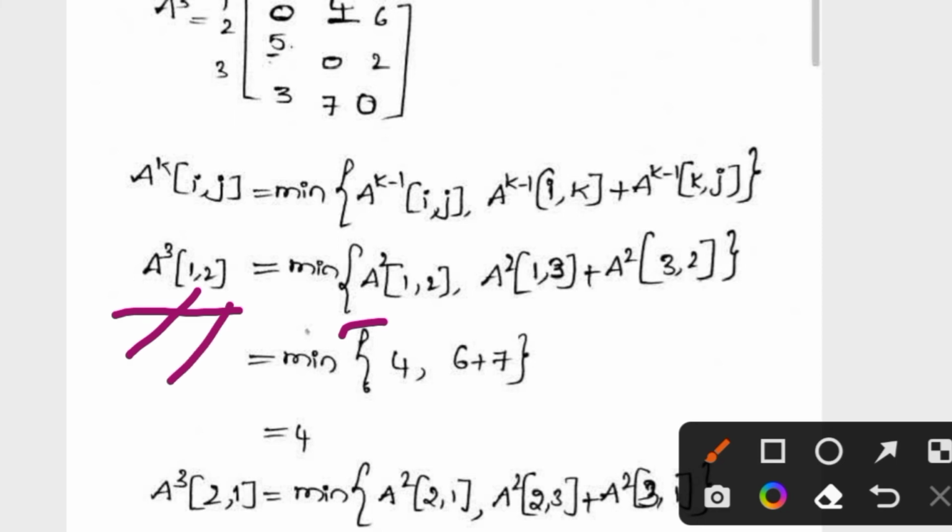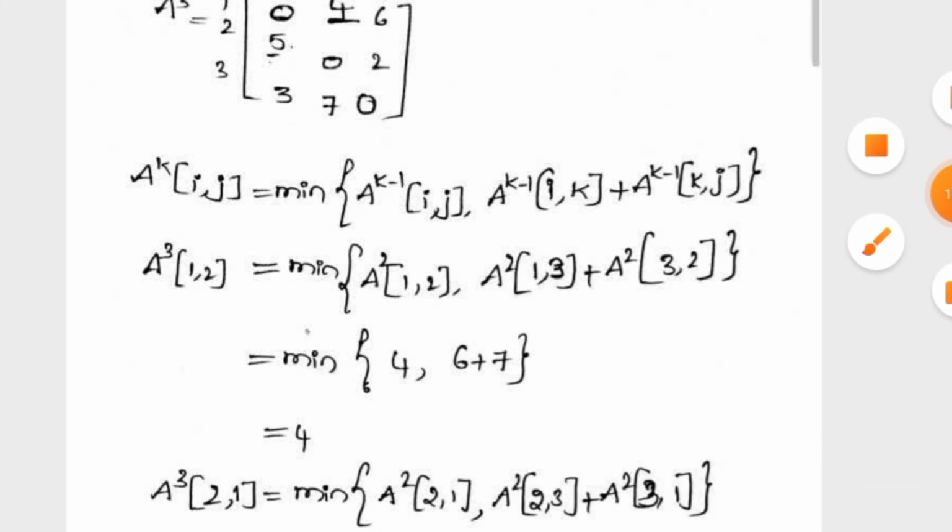So A power 2 of 1 comma k, where i value is 1 and k value is 3, plus A power 2 of k comma j, where k value is 3 and j value is 2. Now these values we have to take from the matrix A power 2.